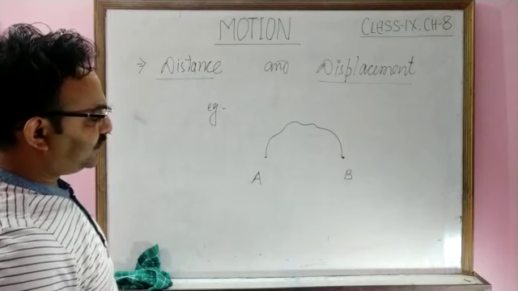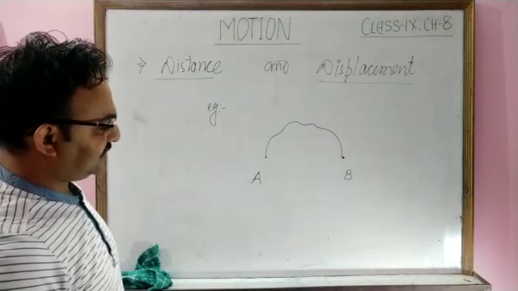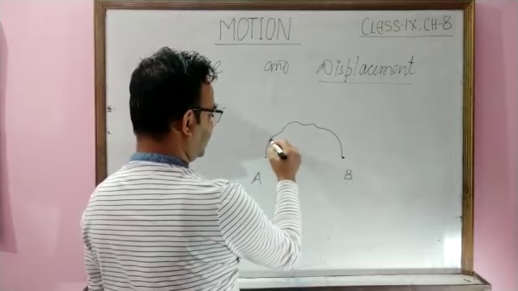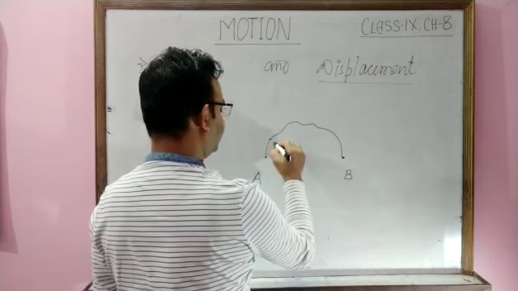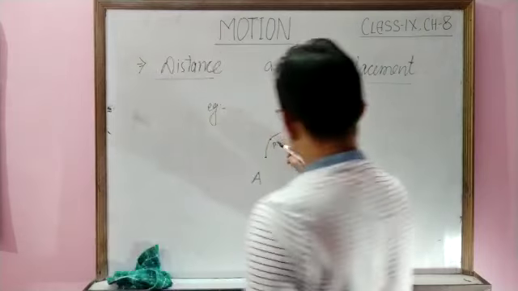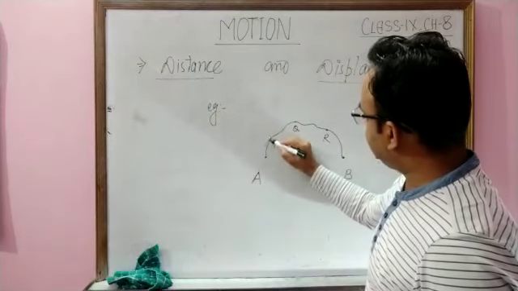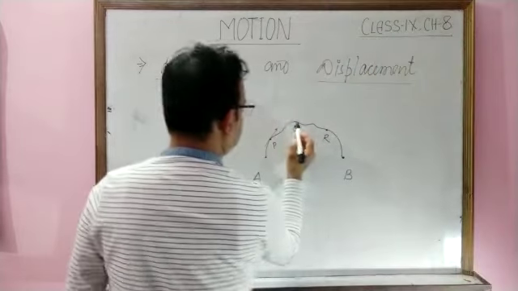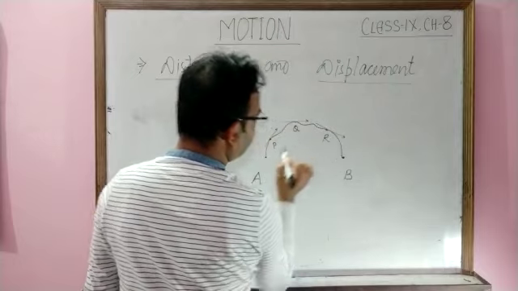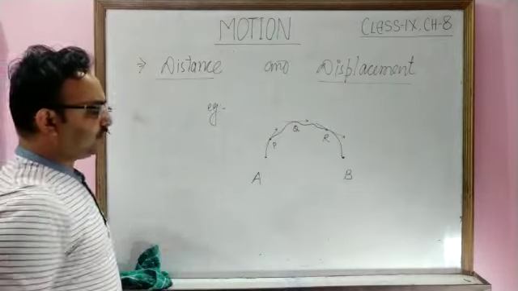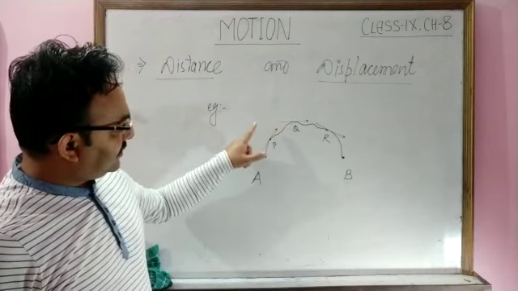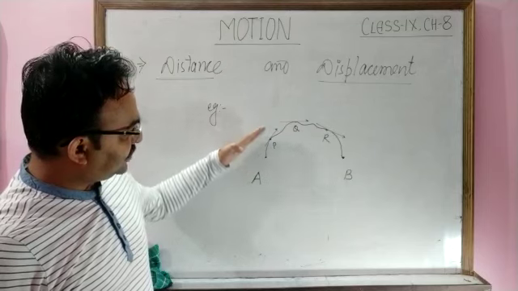Okay, if we have to find direction at different points on this path, suppose that at point P, at point Q, at point R, you will draw a tangent on the point, and by drawing the tangent you will observe here that at each and every point the direction of motion of the object is different.